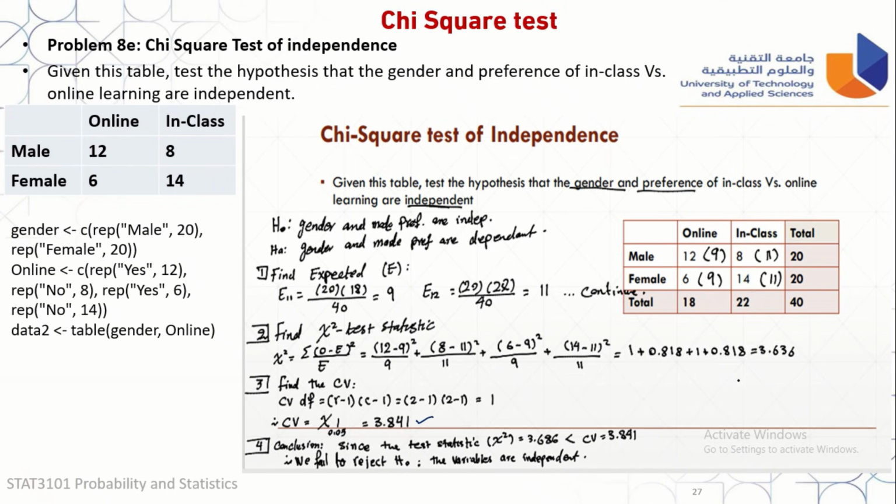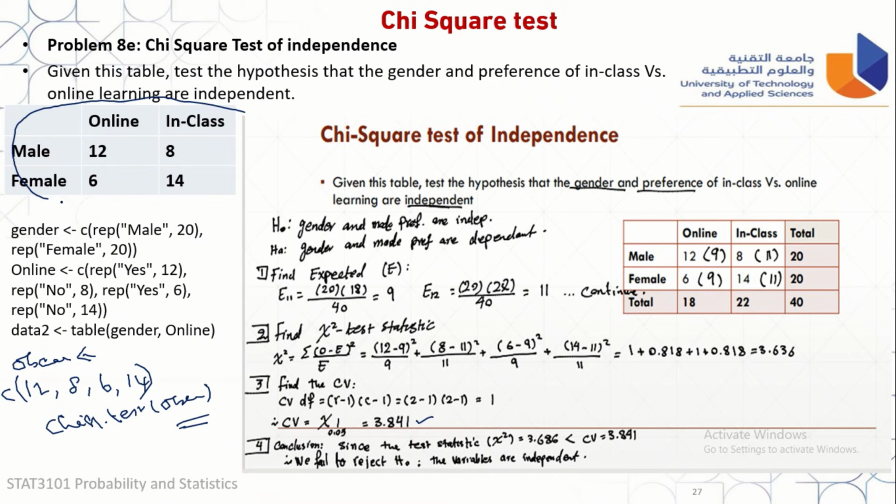Next, program. So when giving the program, either 12, 8, 6, 14. This is observed. Okay. This is observed. This is observed. And you can go for chi-square test dot observed. This is the idea. But instead of giving the table, because if you are giving the table, you have to make the data entry, they may give such a program to generate this table.